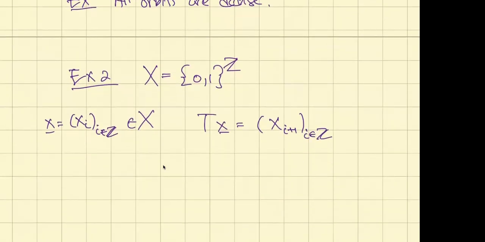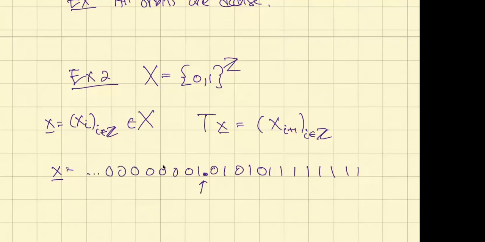So in other words, if x has this form, let's say this is the zeroth, I'll just give one example of a sequence. Suppose it starts with 3 occurrences of 0, 1, and then repeats infinitely often with ones. Let's say this is our sequence, and the decimal point is just telling us how they're indexed by integers. So the 0th entry is the one to the right of this decimal point.